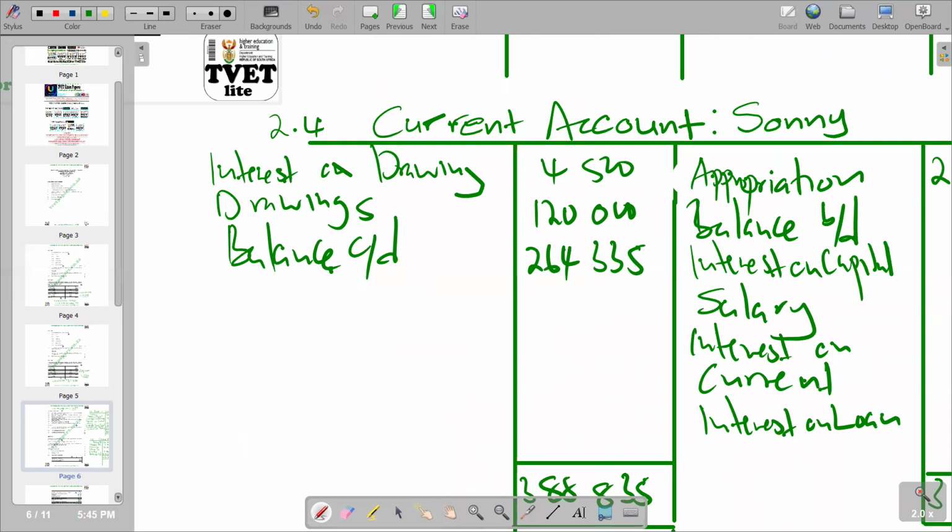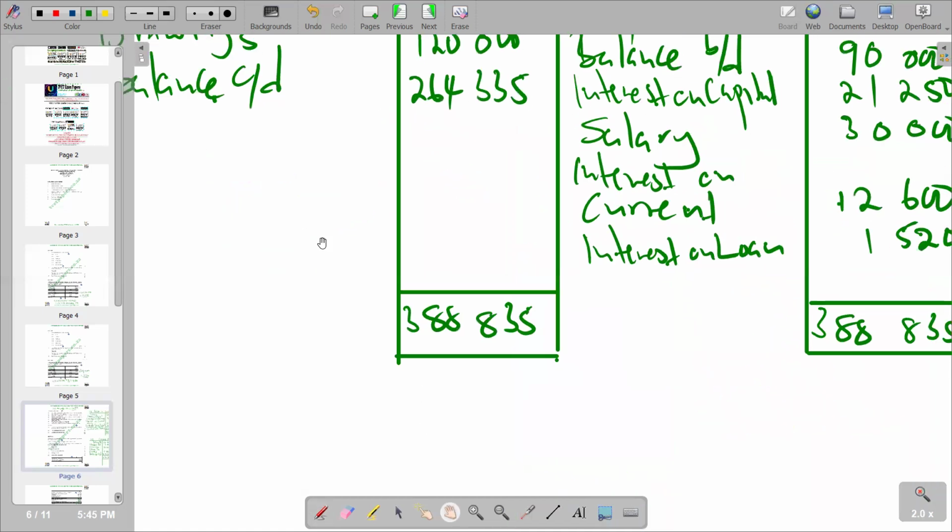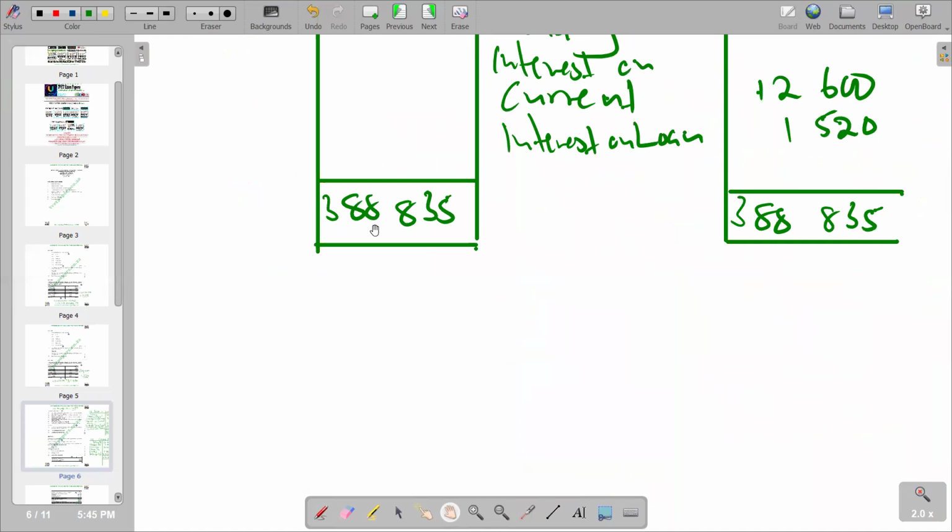So this balance c/d also should come on the opposite side as our balance b/d, below the double lines. So here we're supposed to have our balance b/d with the same amount, which is 264,335. So this marks the end of our preparation of the current accounts according to the question that we have.